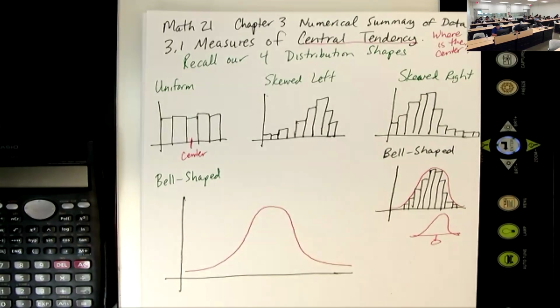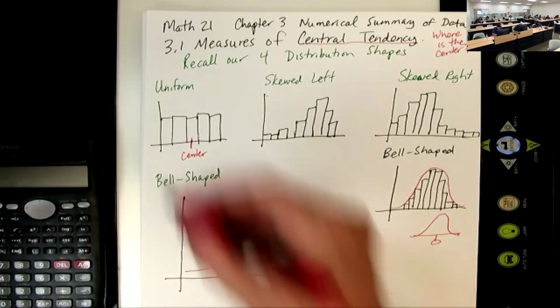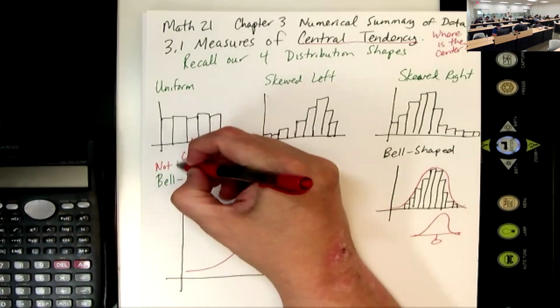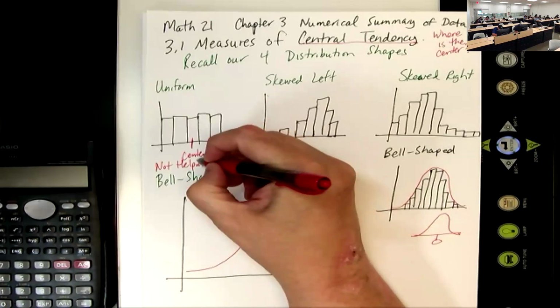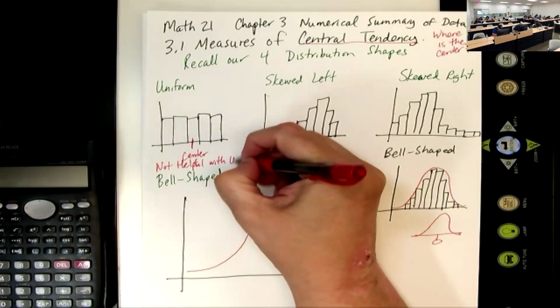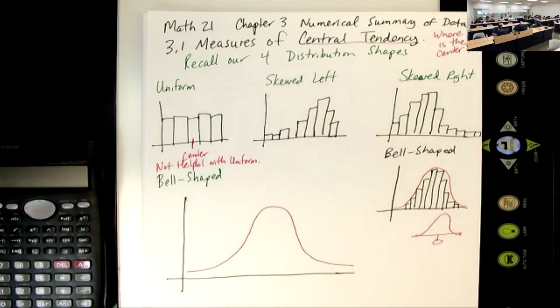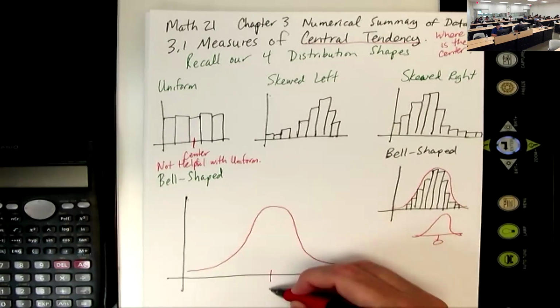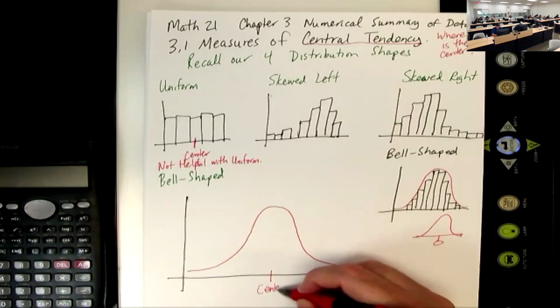If I look at the data, the same amount of data is on the left or the right. Things like that. Center isn't all that helpful on uniform. On the bell curve, it's kind of easy to find as well. I would say that's the center. It's the middle of the hump.